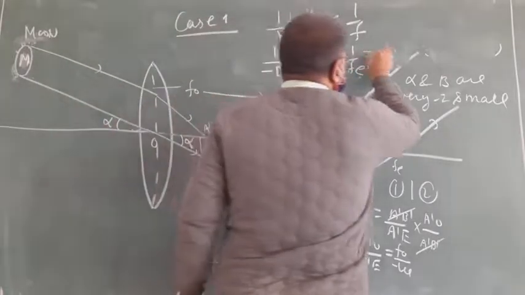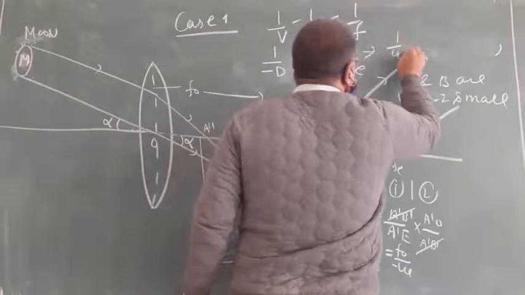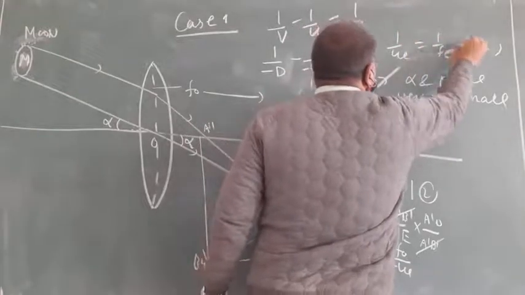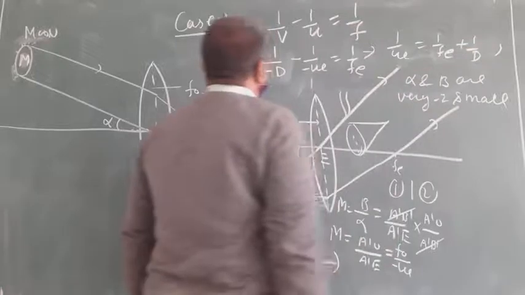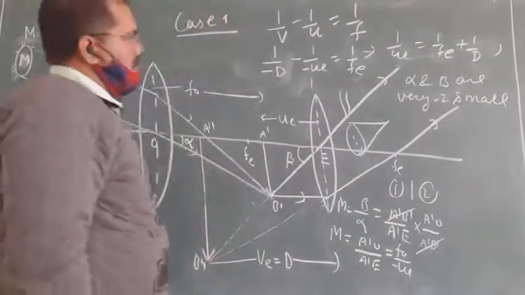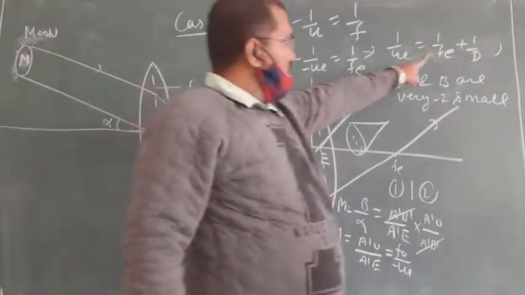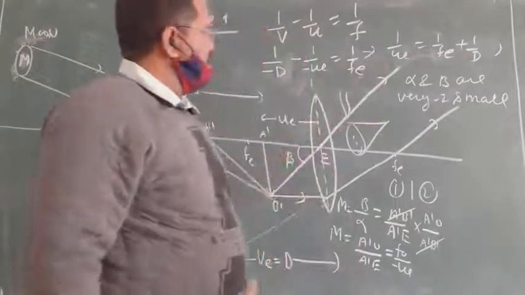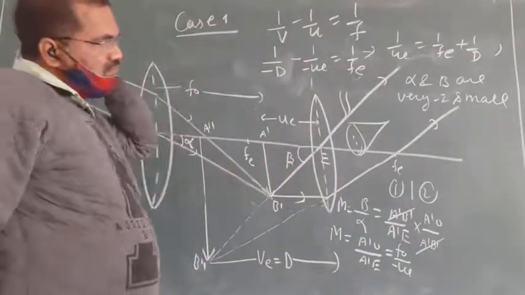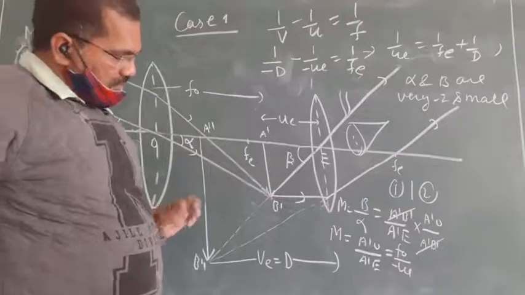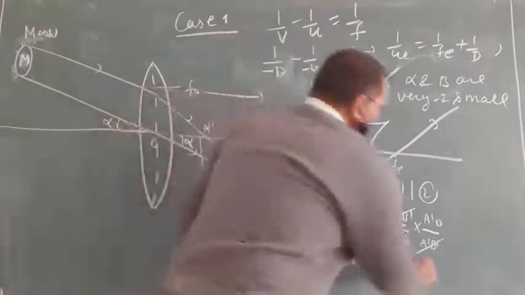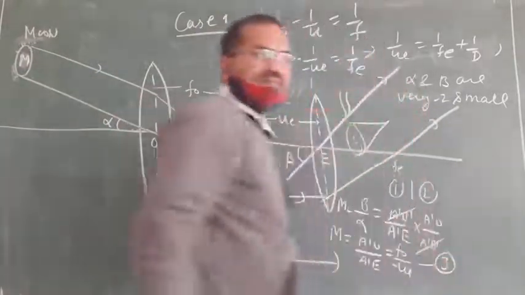So 1 by UE equals 1 by FE plus 1 by D. Put this value in this equation, say this is the third equation.